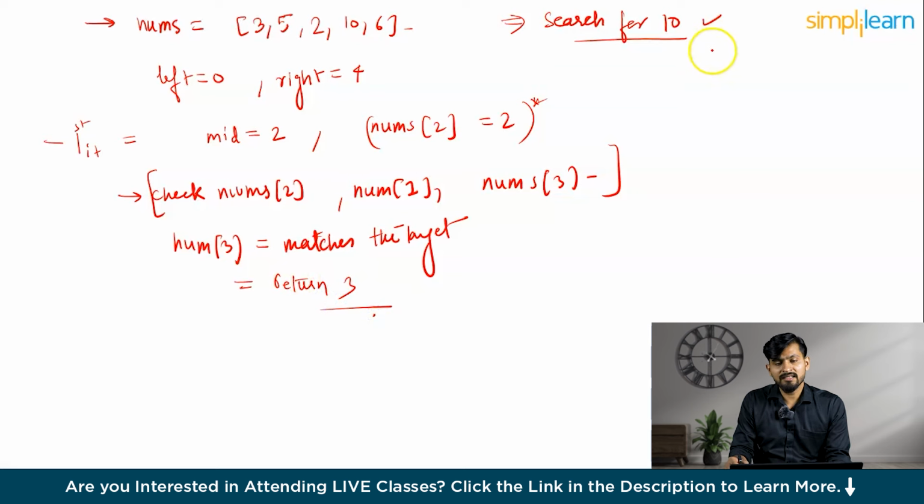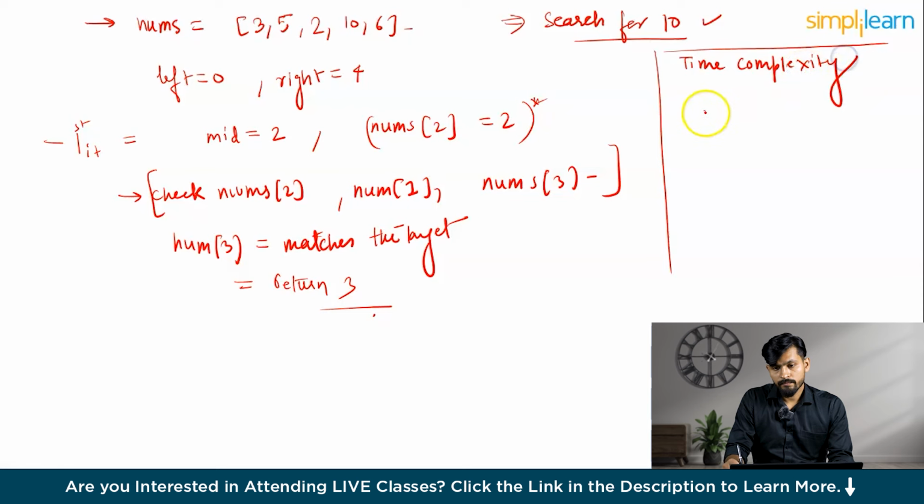And now let us discuss the time complexity, which is very important. Suppose you are appearing for an interview and you are applying this approach. You have to understand that the time complexity of this approach is O of log n, because the modifications to the binary search do not change the logarithmic reduction in the problem space at each step.